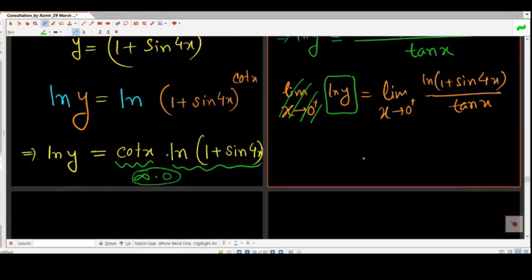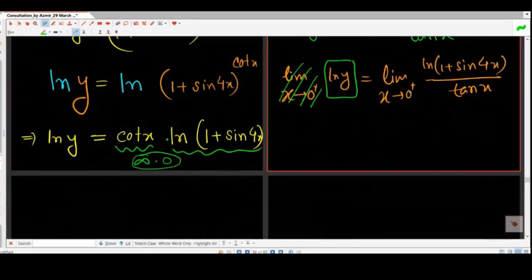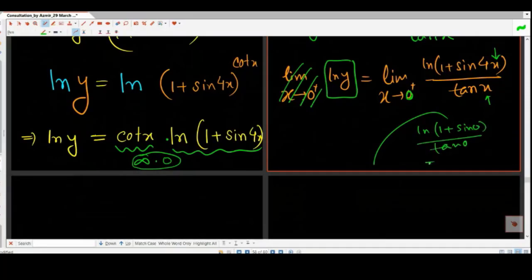Here, the value of x is 0. Let's check whether we have 0 over 0 or infinity over infinity or not. So let's do a rough. Natural log of 1 plus sine 4 times 0, that means directly 0, over tangent of 0.